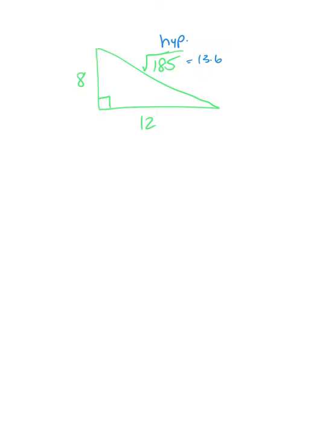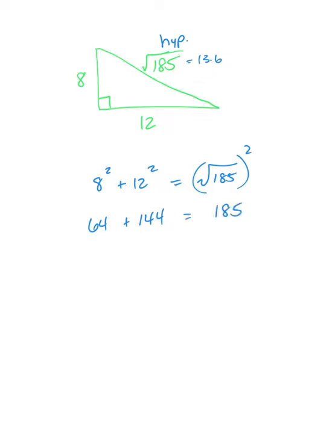So this old man named Pythagoras figured out that if you take the 2 legs and square them, it equals the hypotenuse squared. So let's see if that works. We have 8 squared plus 12 squared would have to be equal to root 185 squared. Well, 8 squared is 64. 12 squared is 144. That equals a plain 185 because the square and the radical undo each other, right?